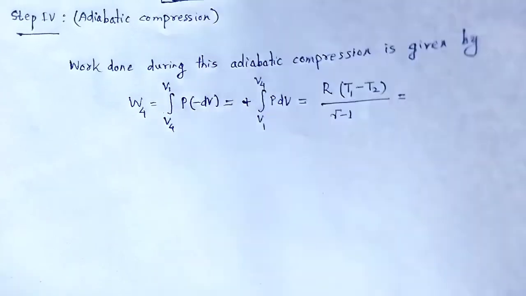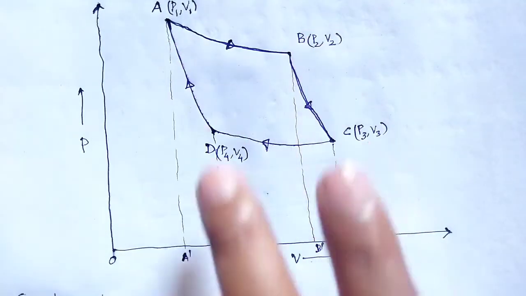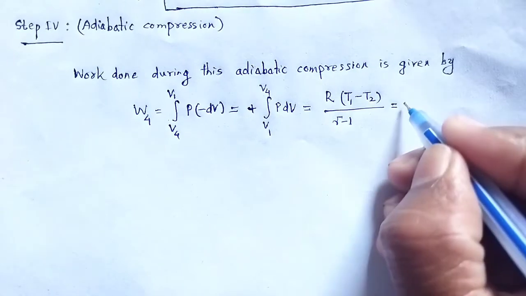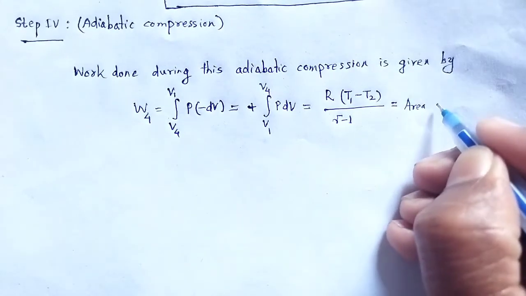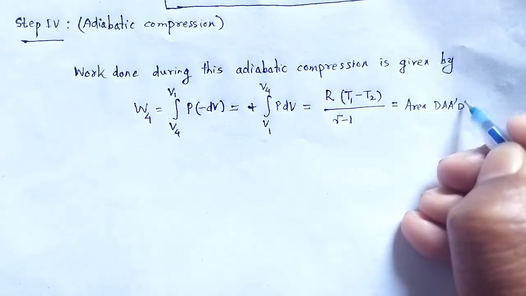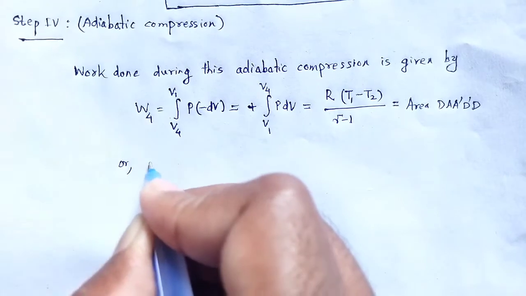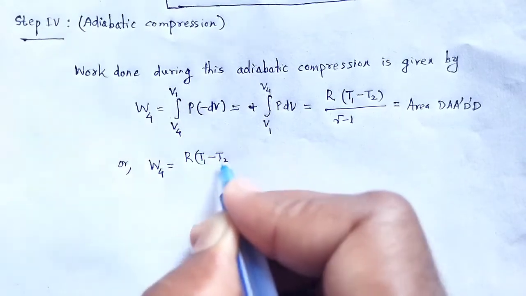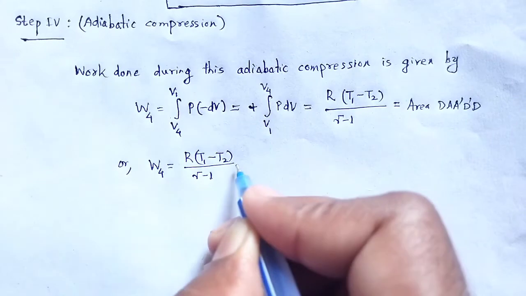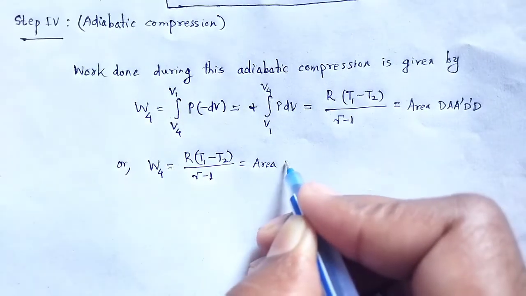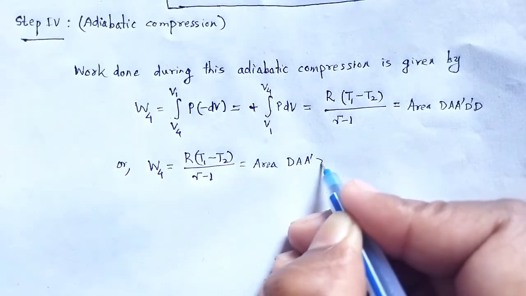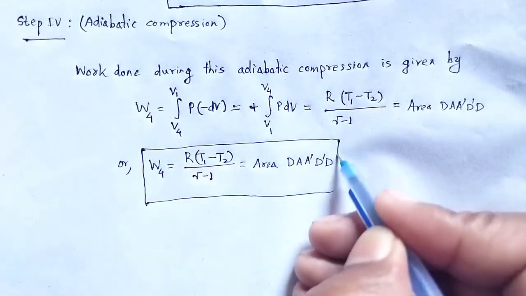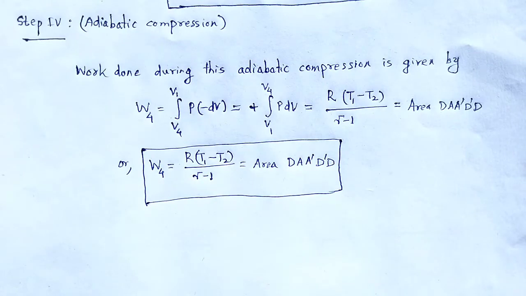From the PV diagram it will be the area under the curve D A dash D dash D, or we can write here W4 is equal to R (T1 minus T2) by gamma minus 1, which is equal to the area under D A dash D dash D. That is the work done in the adiabatic compression.